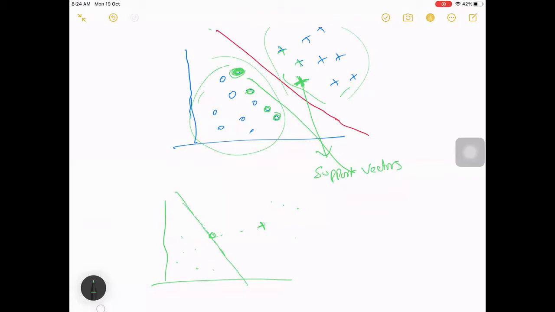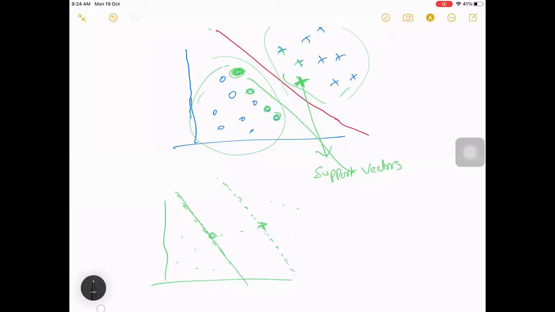Similarly, I'll draw one more line, which is the last boundary for having class 1.